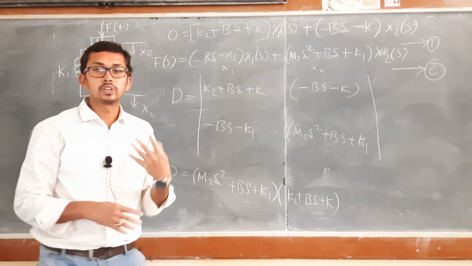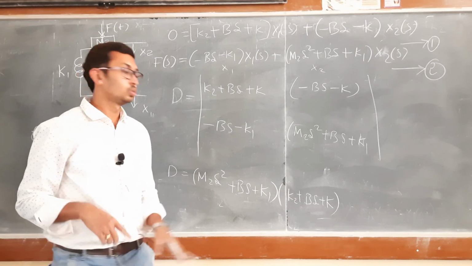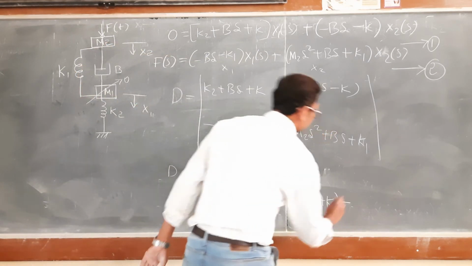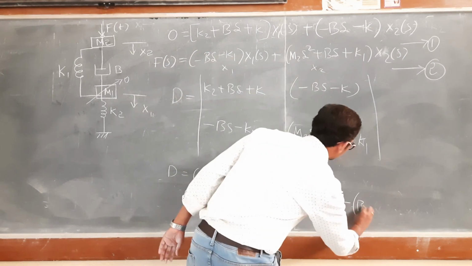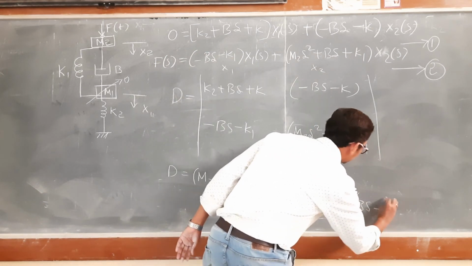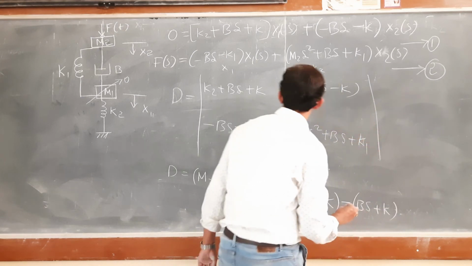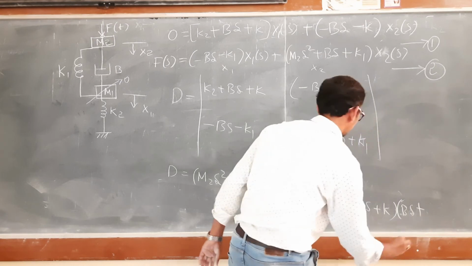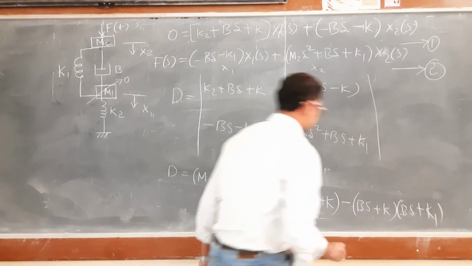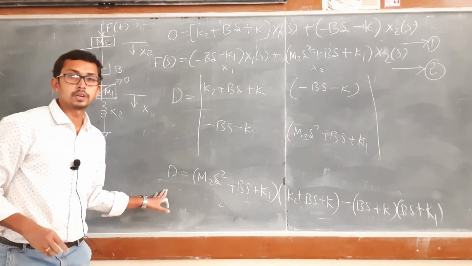If you multiply, you will get plus, but as per the rules one more minus will be there: minus bs plus k, and here also bs plus k1. So this is the determinant.